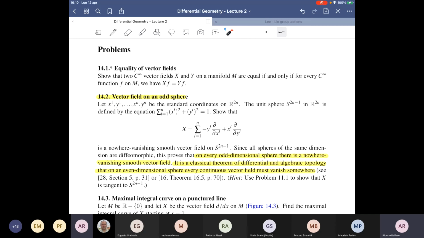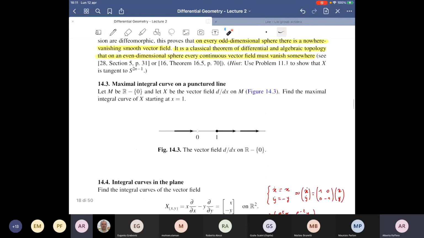What can be shown using results of algebraic topology is that if you consider an even-dimensional sphere, think for instance of the simplest example, the two-sphere you considered last time, then on every even-dimensional sphere, every continuous vector field must vanish at some point. This example tells you that this does not happen in the case of odd-dimensional spheres. There exists at least one smooth vector field which does not vanish anywhere.